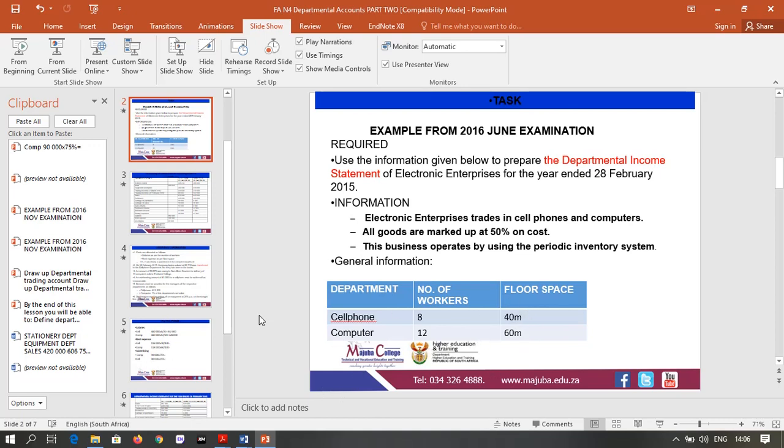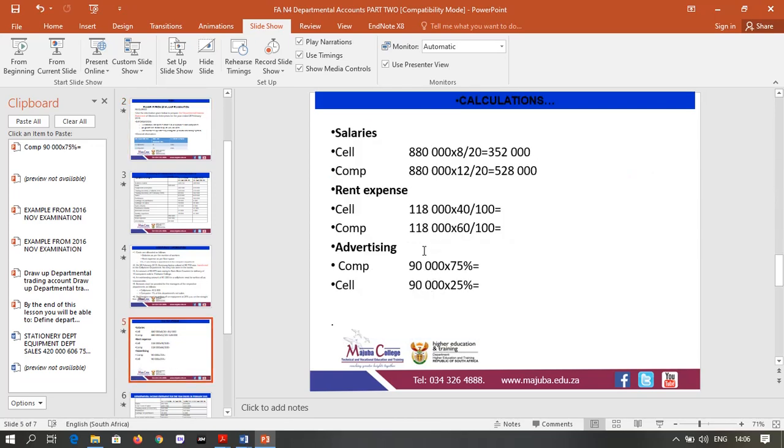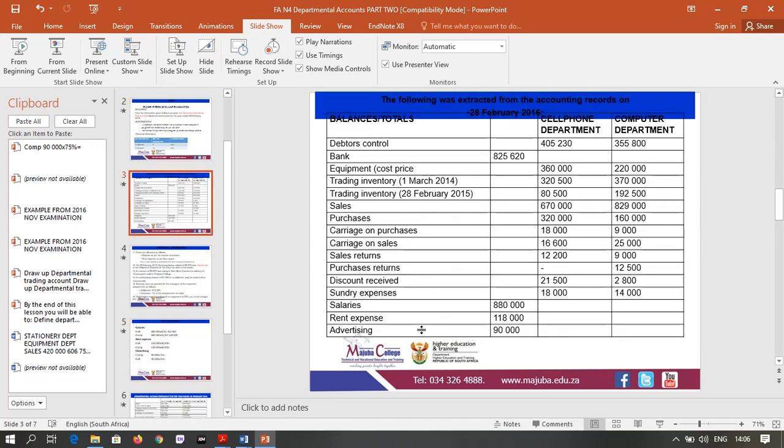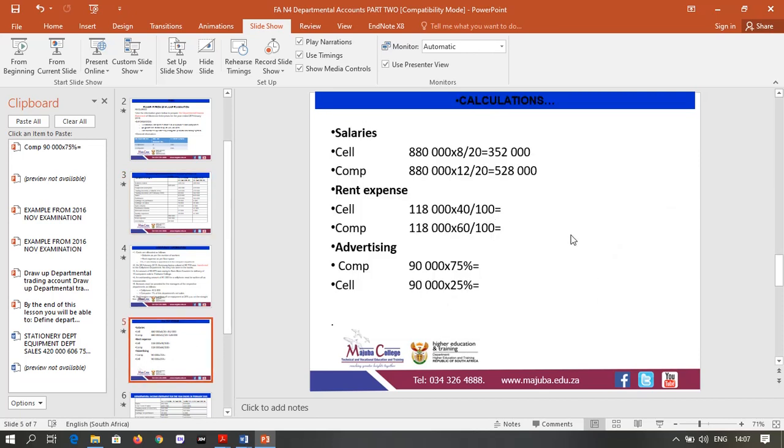You say 40/100 times the total amount of rent, which is 118,000. 118,000 times 40/100 gives you 47,200.